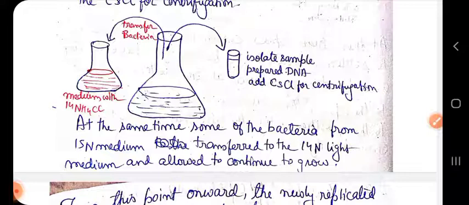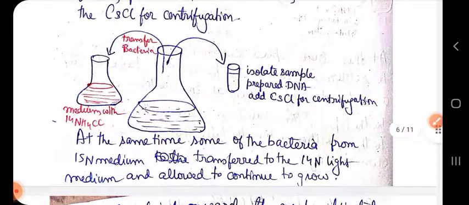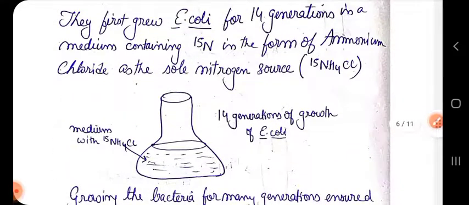At each generation, they are monitored by taking the bacterial sample, isolating the DNA, adding cesium chloride, and then doing high density centrifugation to observe where their DNA is located. So you can see two things are occurring. First, in this picture, for 14 generations we are growing the E. coli bacterial culture in a medium labeled with heavy isotope of nitrogen N15 in the form of ammonium chloride.